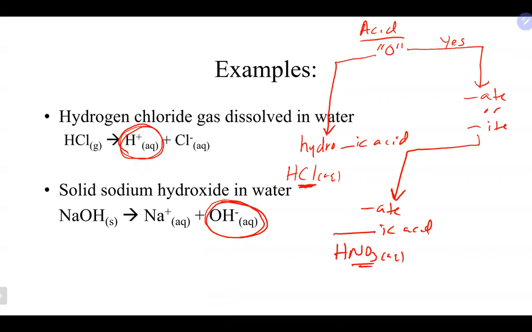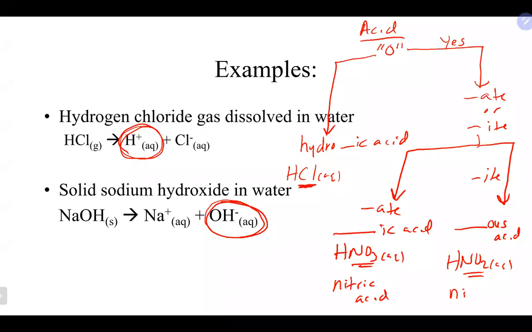NO3 is nitrate, so this is nitric acid. And if your polyatomic ion ends in ite, your acid would be something-OUS acid. So we'll take its partner, HNO2. That is nitrite, so that would be nitrous acid.